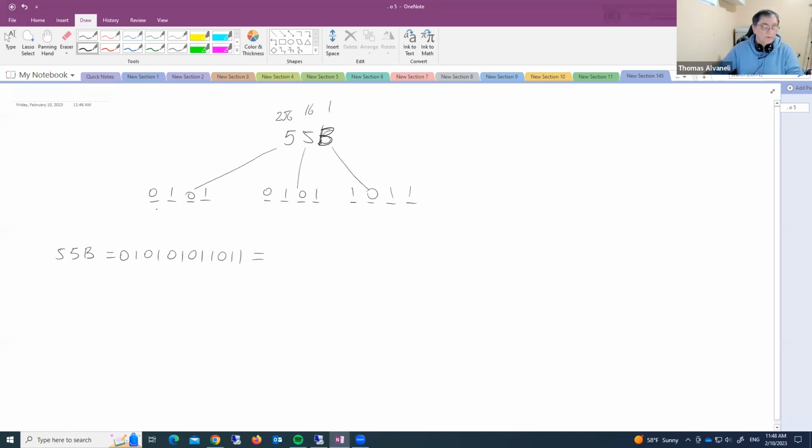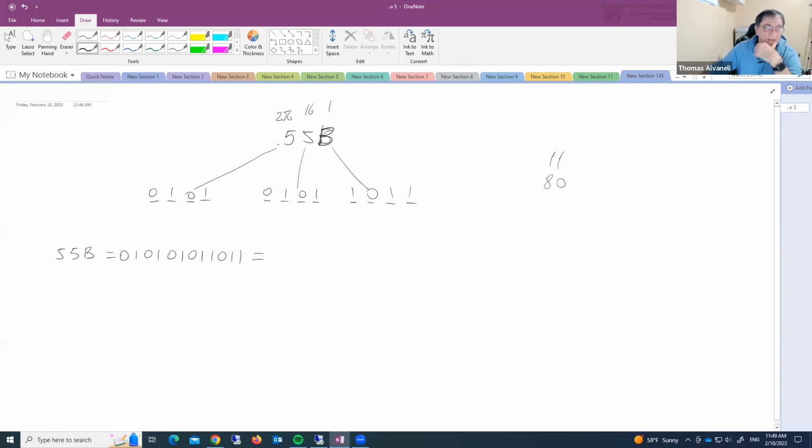Now we'll find the decimal number using our technique. Here B is 11. 11 times 1 is 11, plus 16 times 5 is 80.